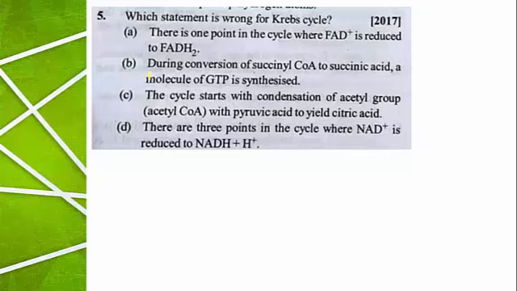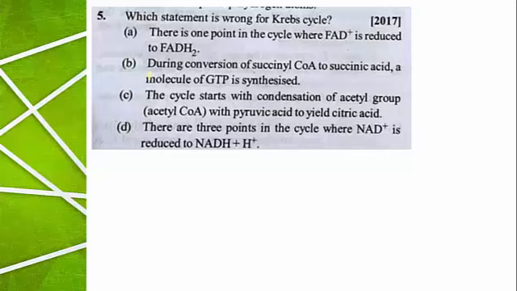There is one point in the Krebs cycle where FAD+ is reduced to FADH2. What is that Krebs cycle? It is part of aerobic respiration, and Krebs cycle is taking place in the mitochondrial matrix, and it results in the synthesis of a number of NADH, FADH2 and GTP molecules.